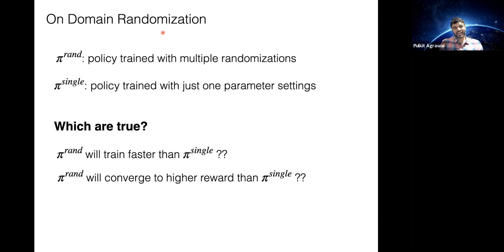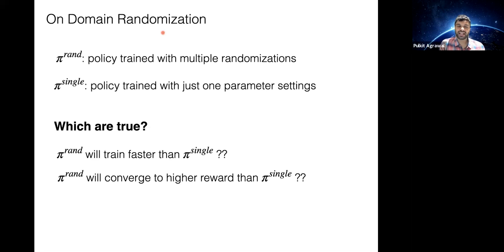One comment on the chat is that PyRAND has to learn a robust policy, and the policy has to be robust against all the parameters, and therefore it cannot achieve a high reward, whereas Pi single can just overfit to one parameter setup and therefore end up achieving higher reward.